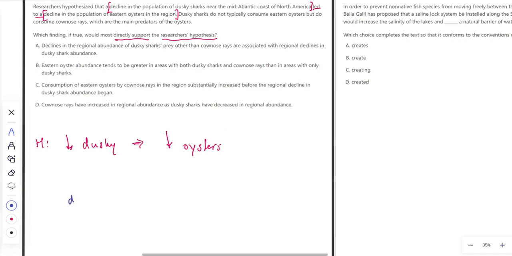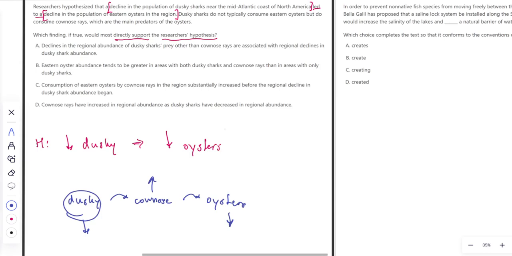So if I drew that out, the dusky sharks are eating the cow nose rays, which eat the oysters. So it could make sense that if the sharks decreased, the rays would increase, and then they would eat more of the oysters, so the oysters would decrease as well. But let's see if we can find any kind of logic that will help support that.